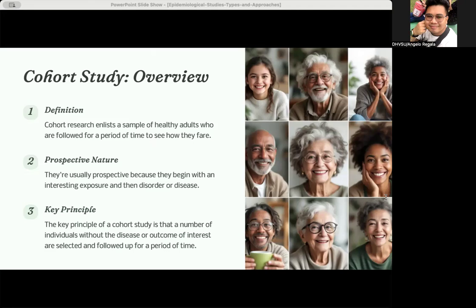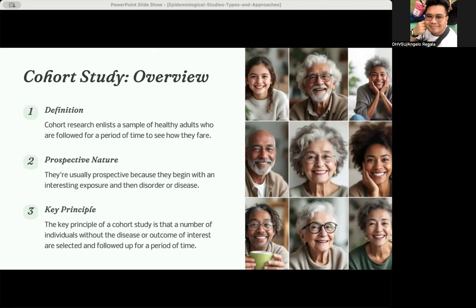A cohort study is subject to very low recall bias and can have multiple outcomes if you conduct the study simultaneously.